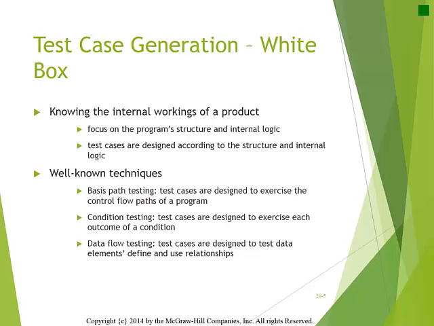The criteria ranging from the weakest to the strongest are node coverage, then edge coverage, basis path coverage, and the strongest criterion is all path coverage. Data flow testing focuses on the definition and use of selected program variables.